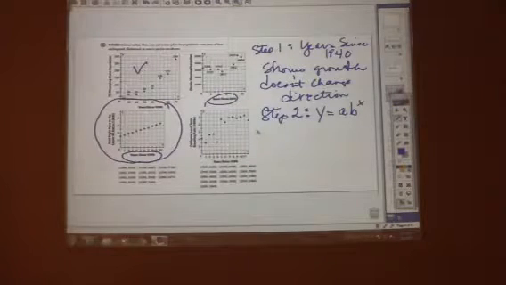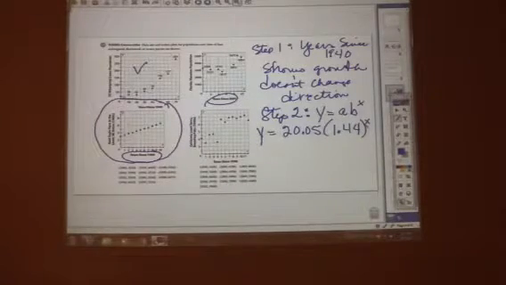Somebody tell me what A is. 20.05. And what is B? 1.44 to the x. That is your equation for your exponential. Define the variables.